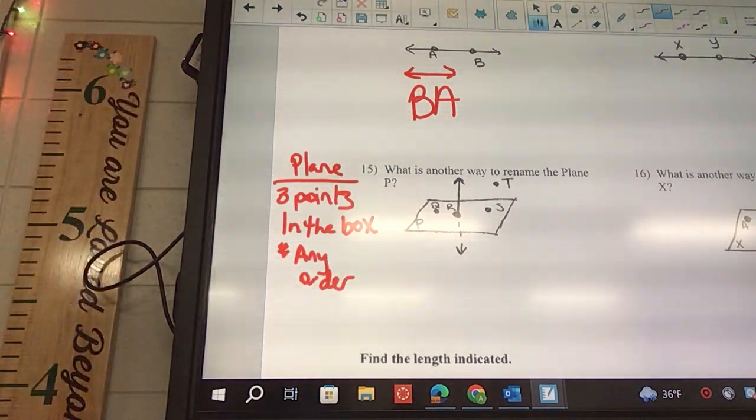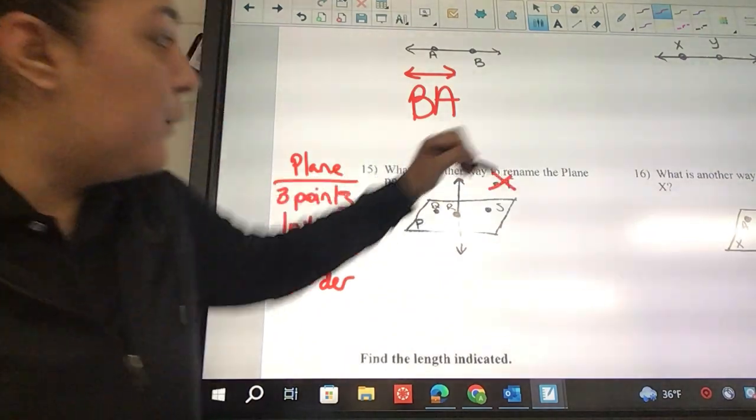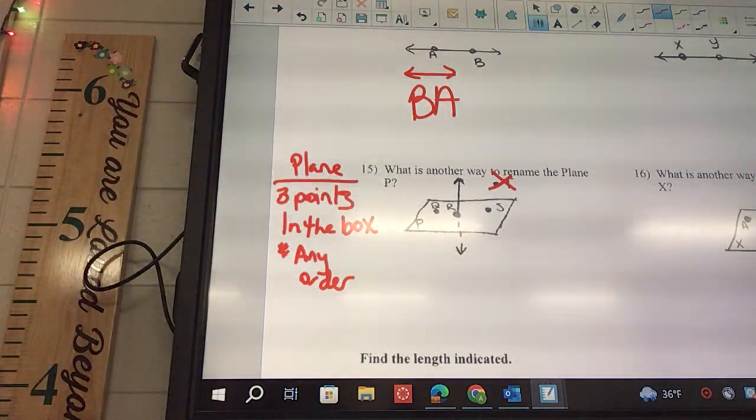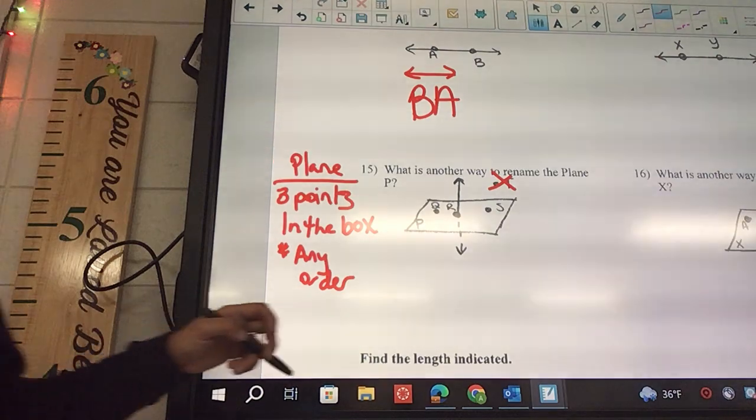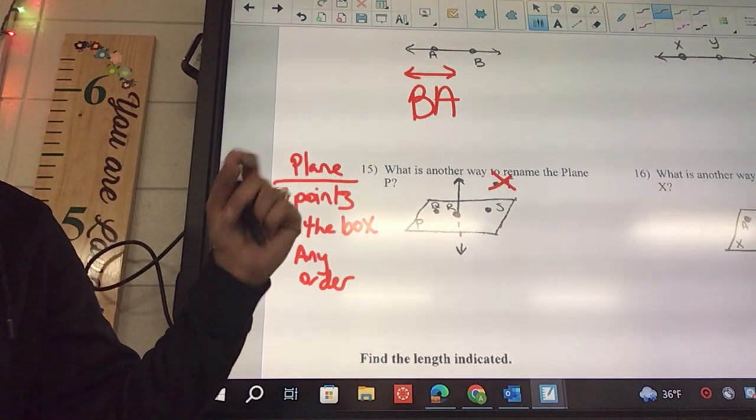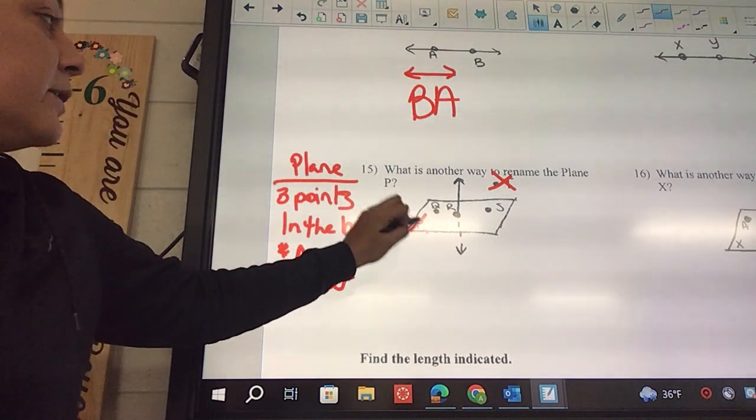So what points are not allowed? T. T does not work. There's also one more. Why P? Because that's already the first name. However, is there a dot? No. Then it's not a point. A point has to have a dot, correct? Which we just went over. So P does not work.